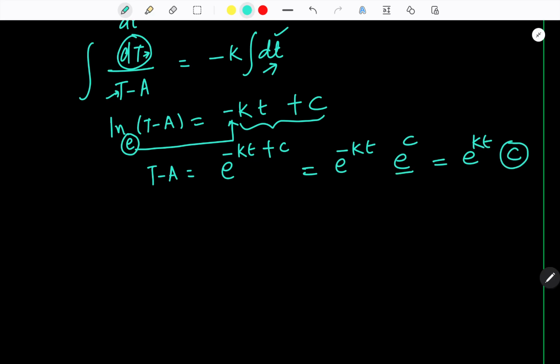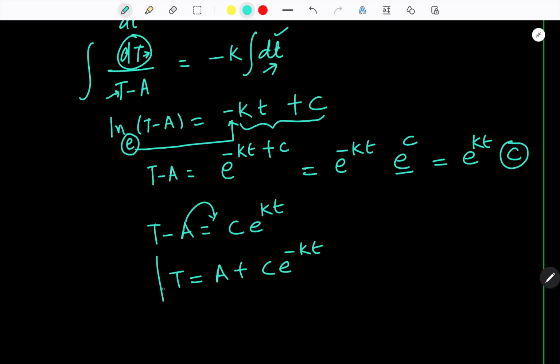I told you this is a constant. So T minus A is equal to C e power minus kt. So T equals, this A goes to that side, A plus C e power minus kt. This is the solution of Newton's law of cooling differential equation.